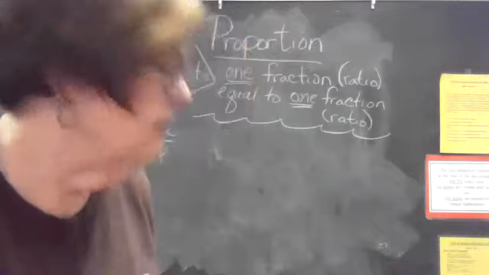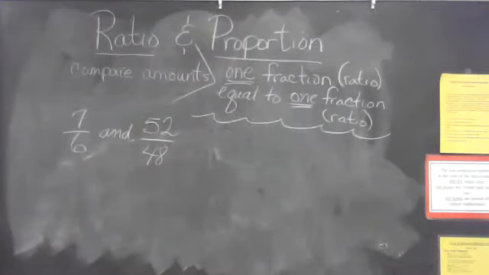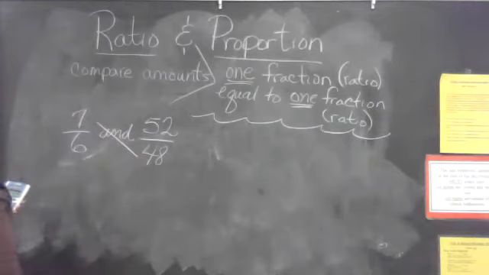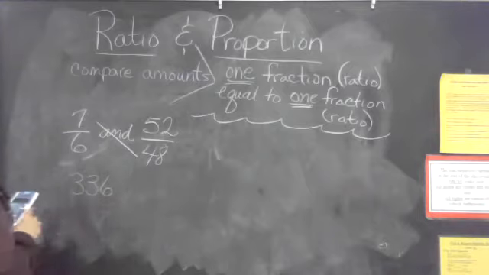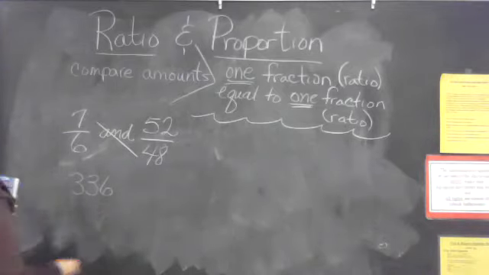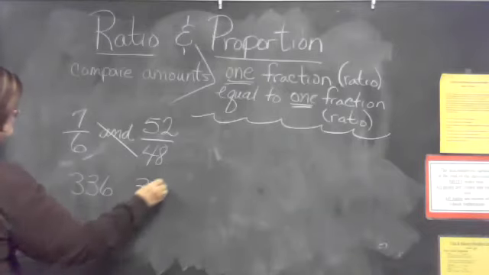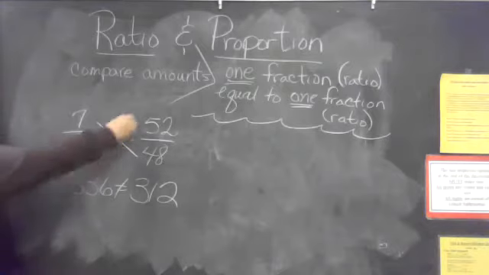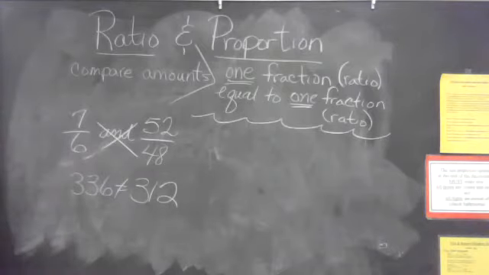It's not a proportion. Not a proportion, she says. Okay, let's check that out. When I took 7 times 48, I got 336. When I take 6 times 52, 312. They're not equal to each other, right? So this is not a proportion.